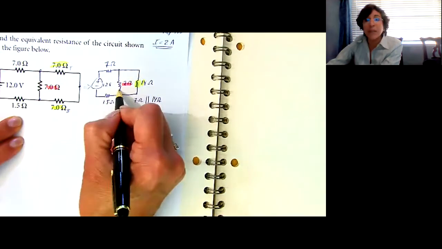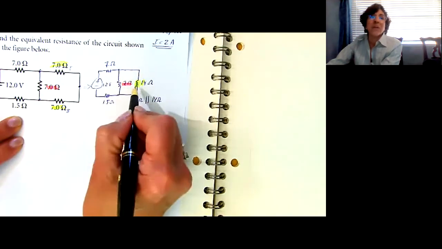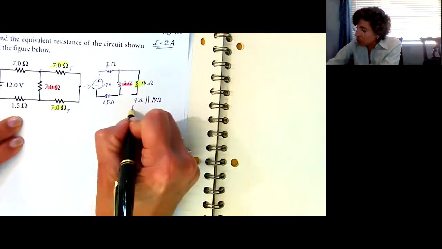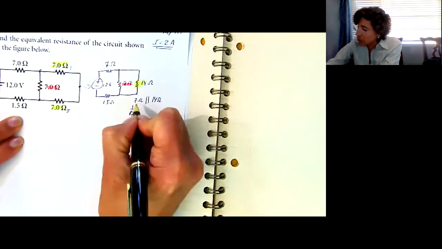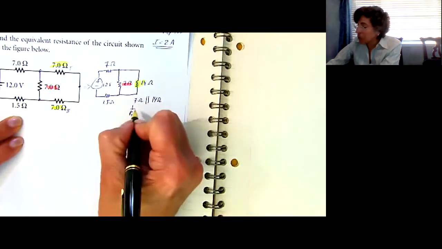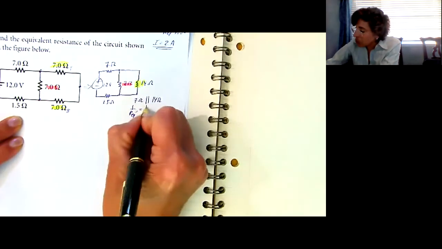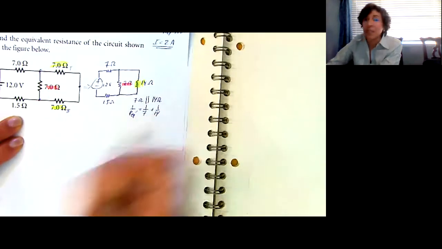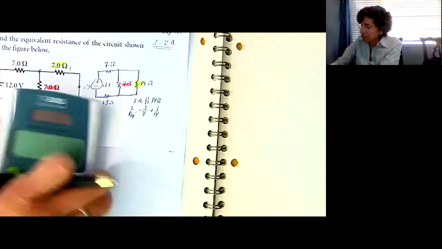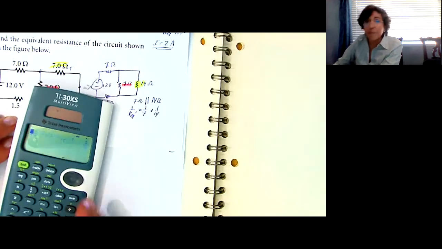So I'm going to redraw just this part and stick that in the circuit. But first I need to figure out what that is. So I'm going to say 1/R equivalent for this part here. It's not the equivalent, so I'll put equivalent prime, the first prime, is equal to 1/7 plus 1/14. So let's figure out what that is.